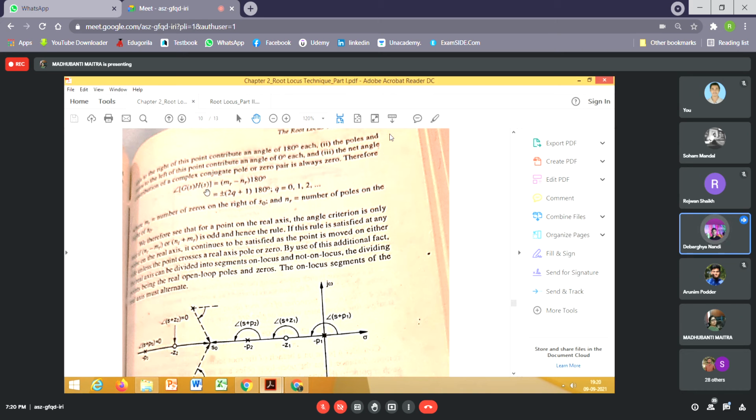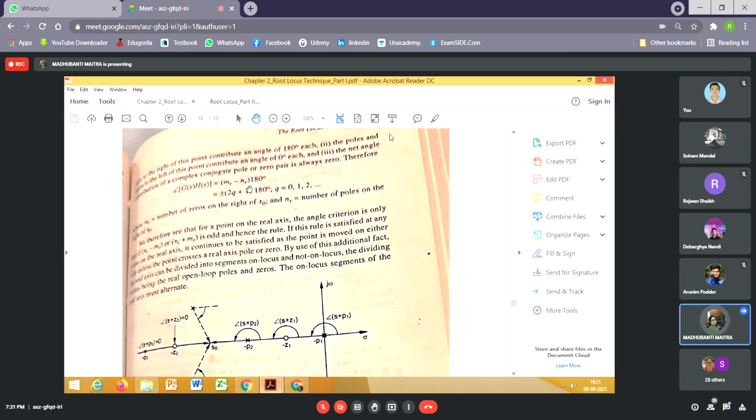Now, for this particular trial point to be on the locus, (MR minus NR) into 180 degrees should be equal to plus minus (2q plus 1) into 180 degrees, which is our angle criterion.